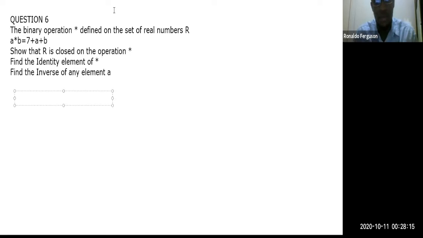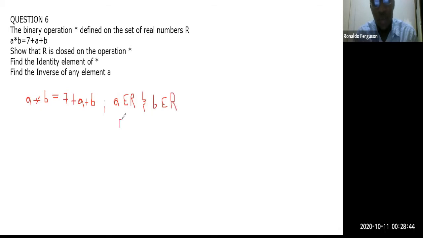Very easy. So we have that A star B is equal to 7 plus A plus B, where A is an element of real numbers and B is an element of real numbers.